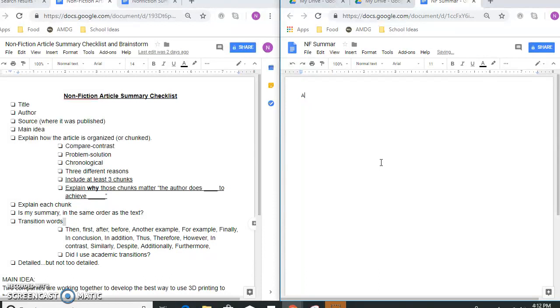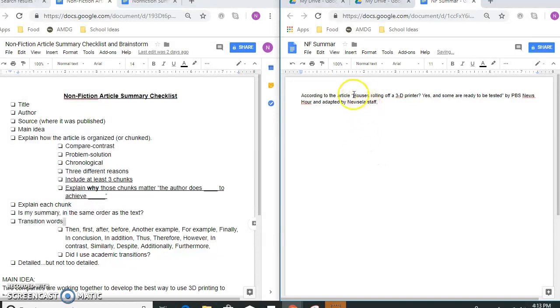So let's get started. According to the article, houses rolling off a 3D printer? Yes, and some are ready to be tested. By PBS NewsHour and adapted by Newsela staff.